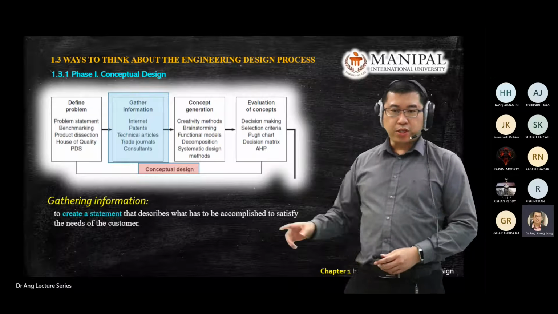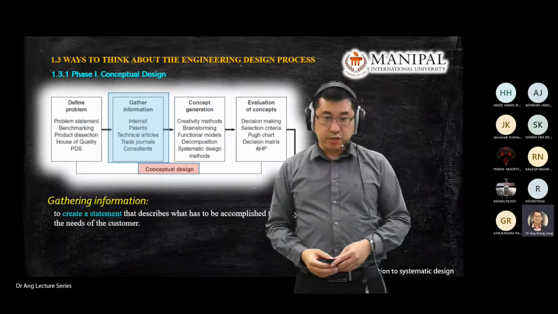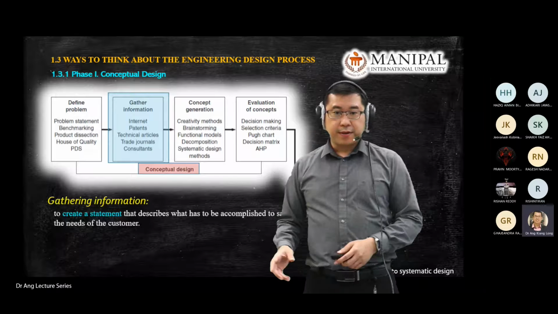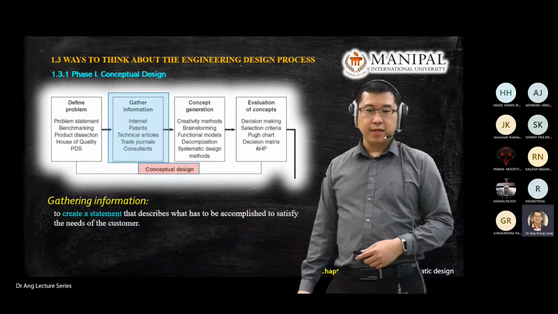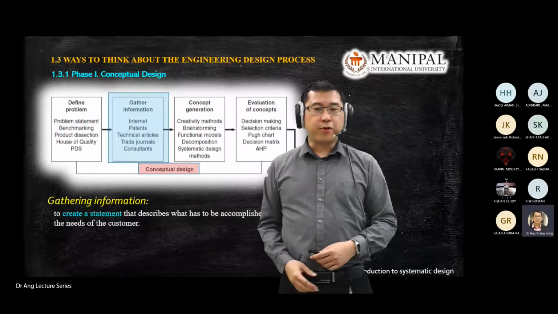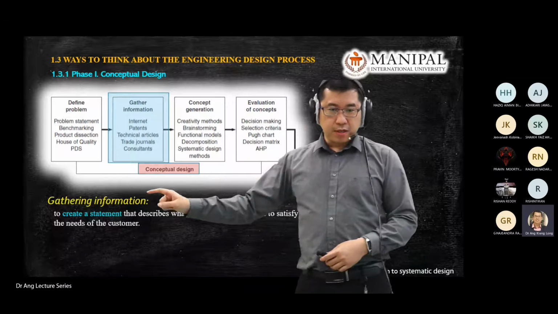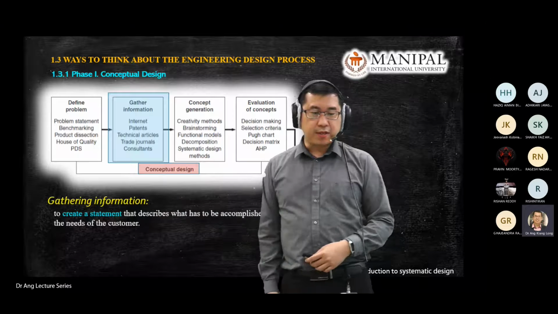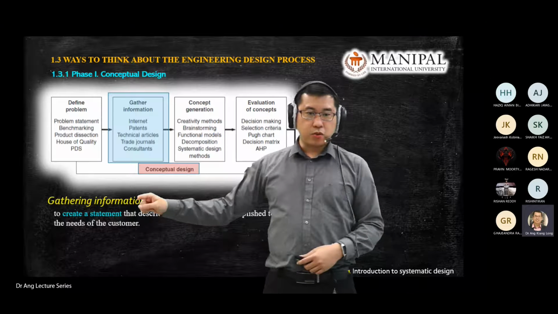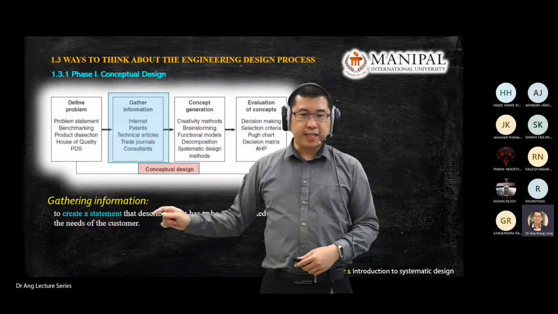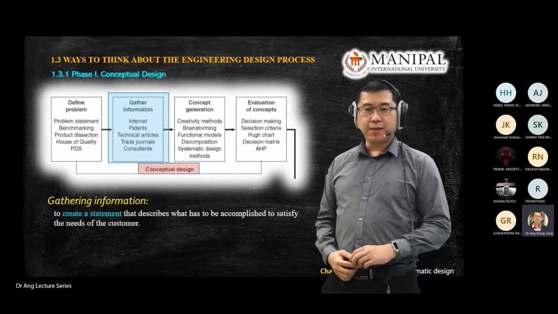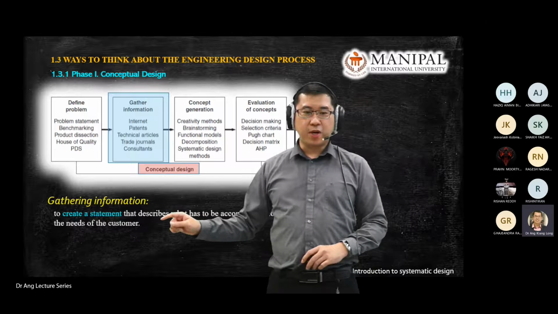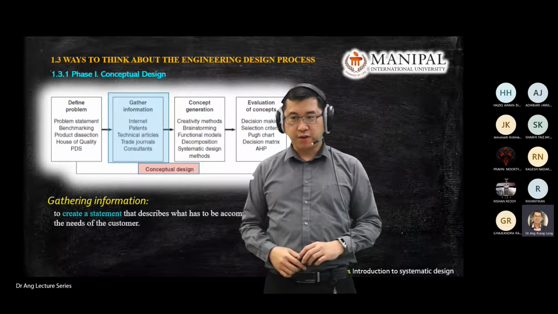When you reach the second step, it means you're able to create a statement that describes what the customer wants. When you create your report later on, in one of the chapters you need to identify your problem statement.